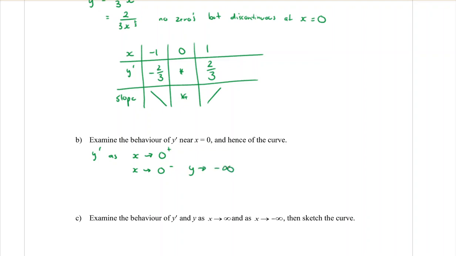On the positive side of 0, it was a positive 2/3, which means the gradient is approaching infinity. Okay, so if a gradient is approaching infinity, that means we're getting a very, very pointy part of our graph, a positive infinity and a negative infinity pointing towards each other, which is a cusp. So therefore, there is a cusp at our point 0, 0.